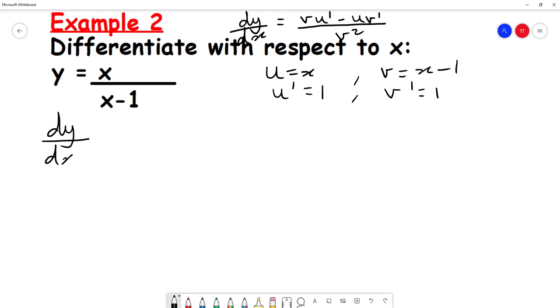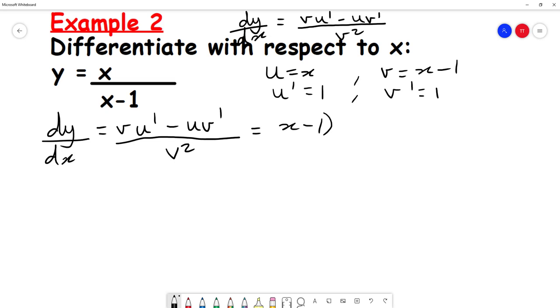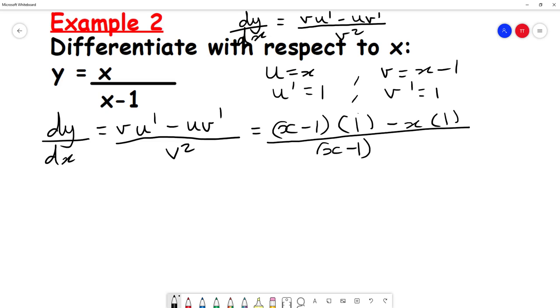So dy by dx is v u dash minus u times v dash, all divided by v squared. In our case, v is x minus 1, times the differentiation of u, u dash, which is 1, minus u, which is x, times the differentiation of v, which is 1, all divided by v squared, which in our case is going to be x minus 1 all squared.